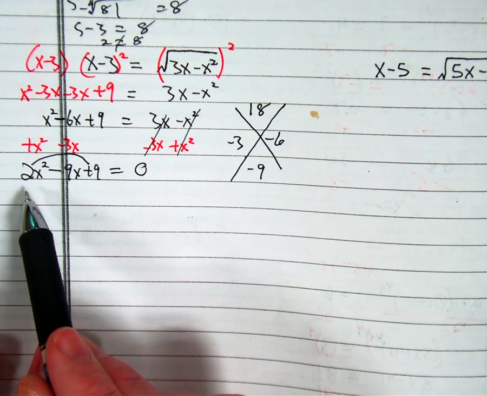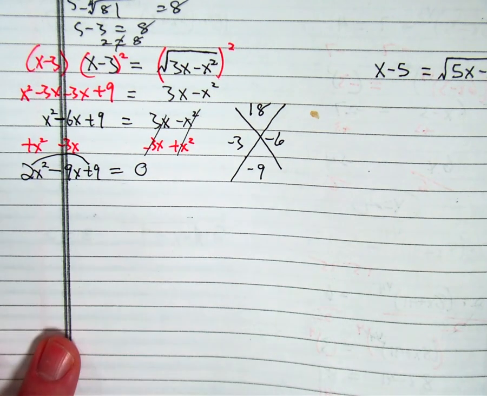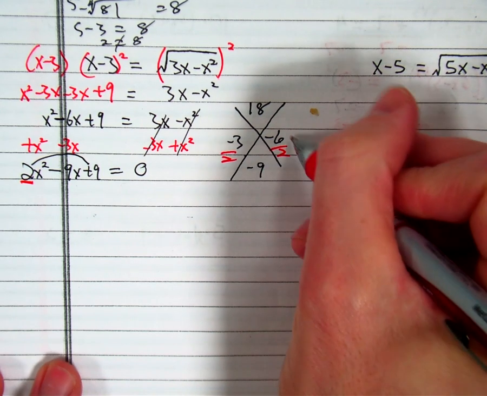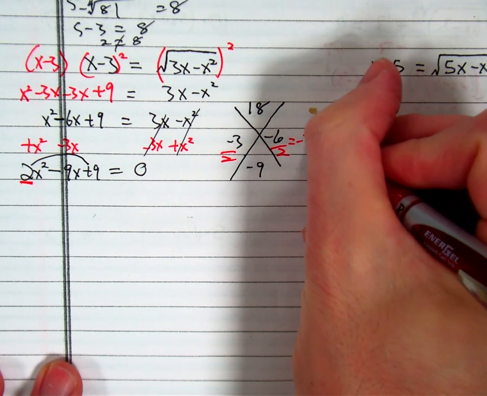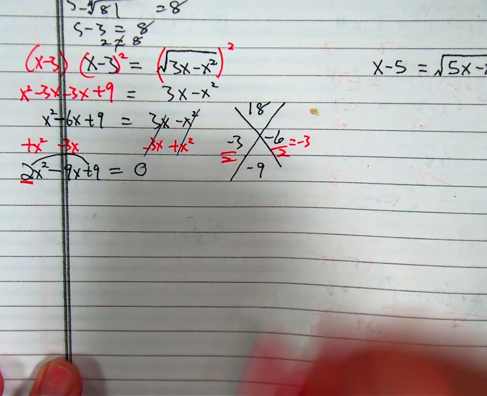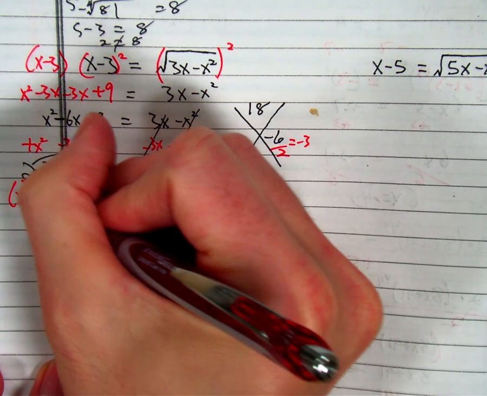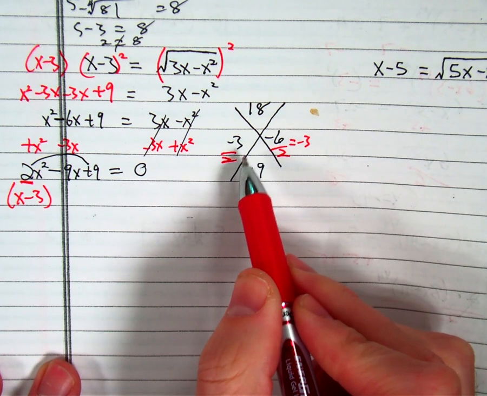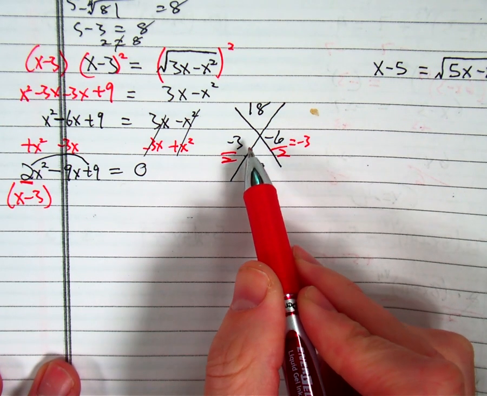Now, because we did times 2, we got to come back and divide by 2. Negative 6 divided by 2 is negative 3. So we'll use that, x minus 3. Negative 3 halves, that doesn't come out nice. I cannot reduce it anymore.